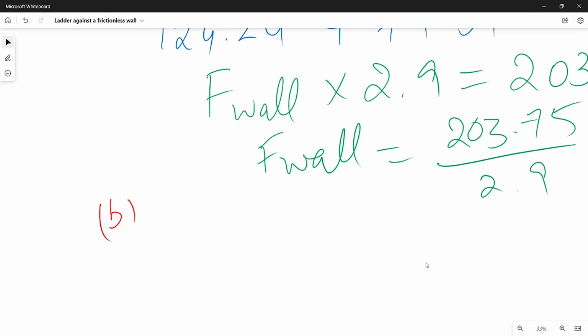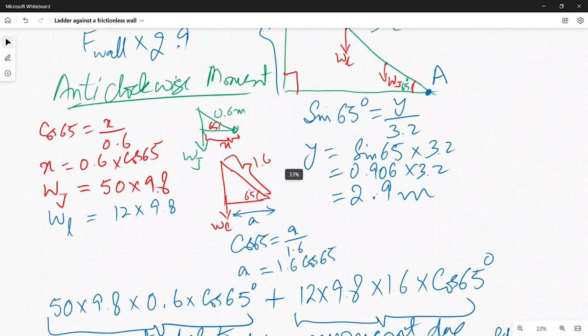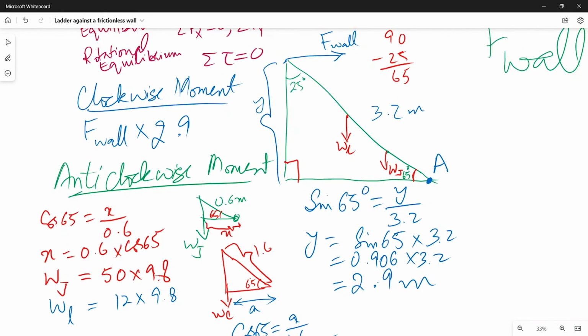So let's go back to our diagram and look at our floor. This is our floor, and as we know, it is non-frictionless. So I would say there is a reaction force which is opposite here.